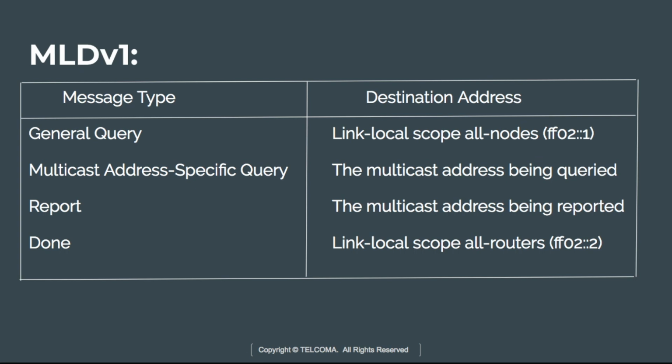If it is a report message, then the destination address will have the multicast address that has to be reported. And if it is a done message, the destination address will contain the link-local address of all routers, and it is set to ff02::2.